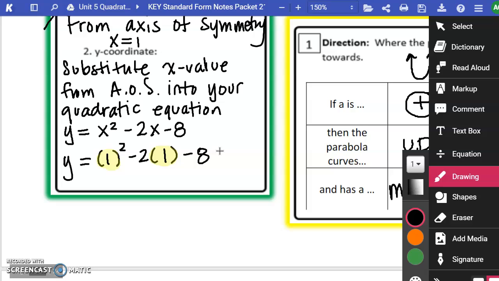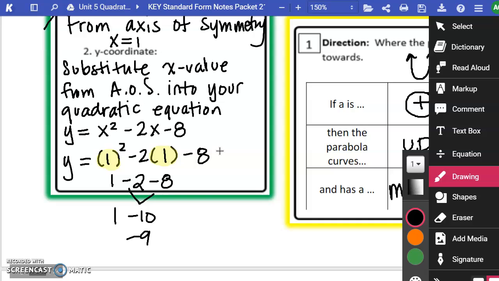So we have 1 squared, that's 1 times 1, so that's 1. We have negative 2 times 1, so that's going to be negative 2, and then minus 8. So this is subtraction. We're not doing negative 2 anymore, it's minus 2. I want to combine negative 2 and negative 8 first, and we get negative 10, and then bring down the 1. 1 minus 10 is negative 9.